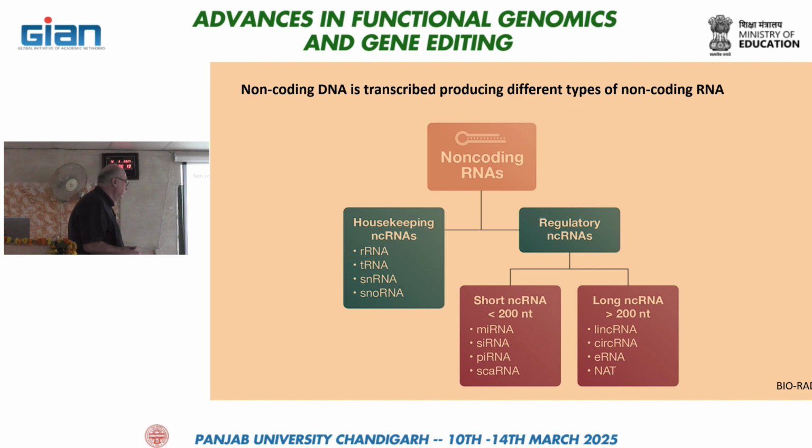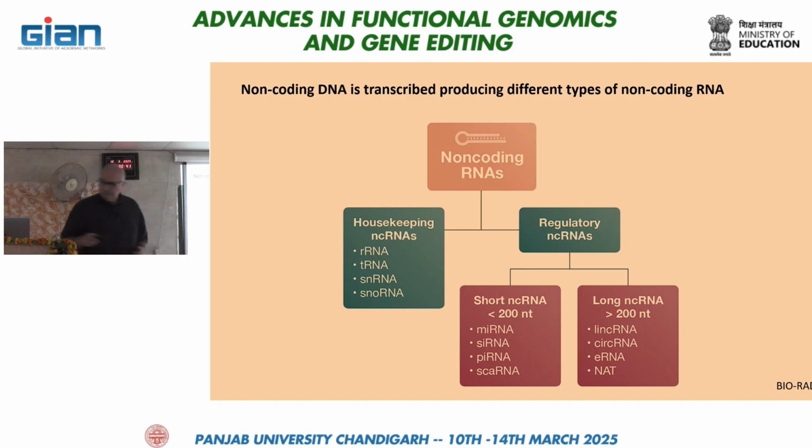The short non-coding RNAs include microRNAs, siRNAs, piRNAs, scaRNAs. You already heard a lot about microRNAs, and you will hear even more in the future. Zofia will present some lectures and presentations showing the function of microRNAs.